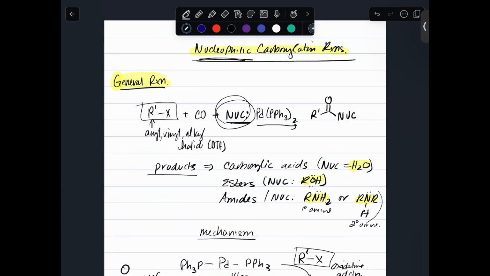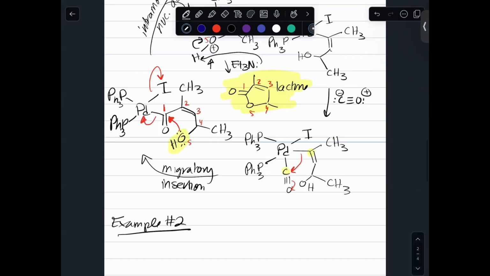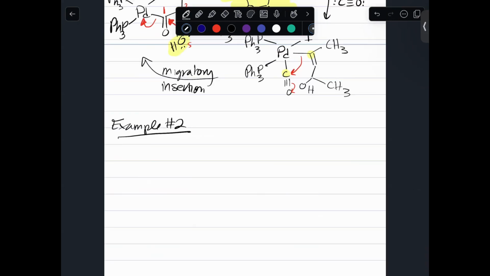I've seen people use enolates as nucleophiles. I've seen people use alkenes as nucleophiles. So really you can use anything. Enolates, which would of course form ketones, but you can also use alkenes. Really clever the way they've expanded on this work. And so this next example will have an alkene nucleophile.